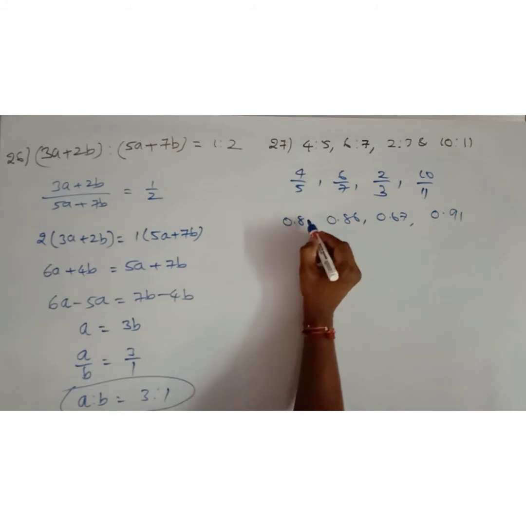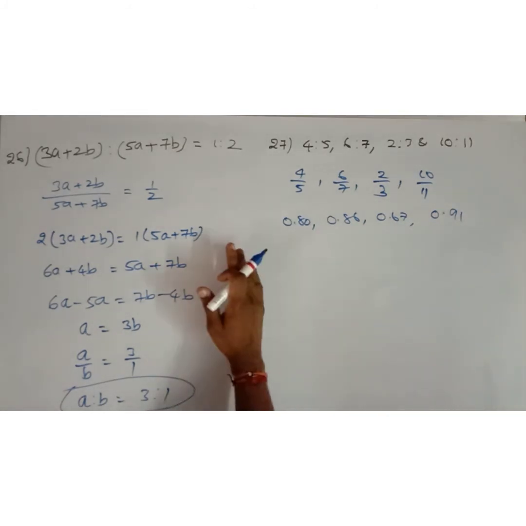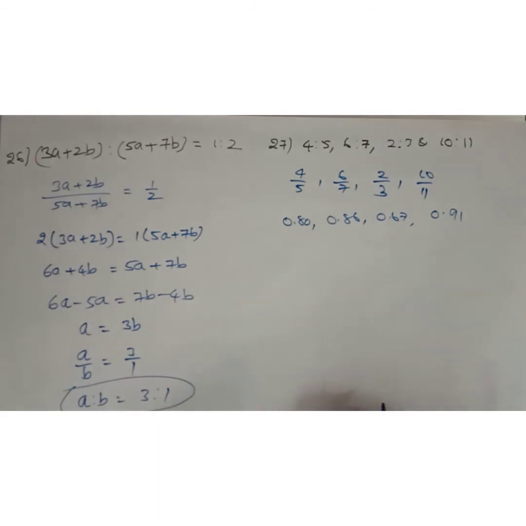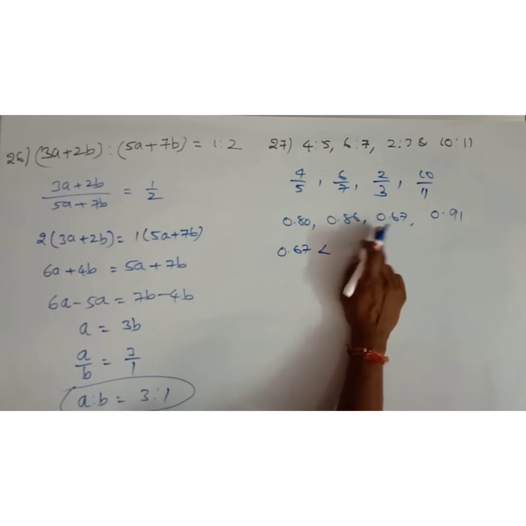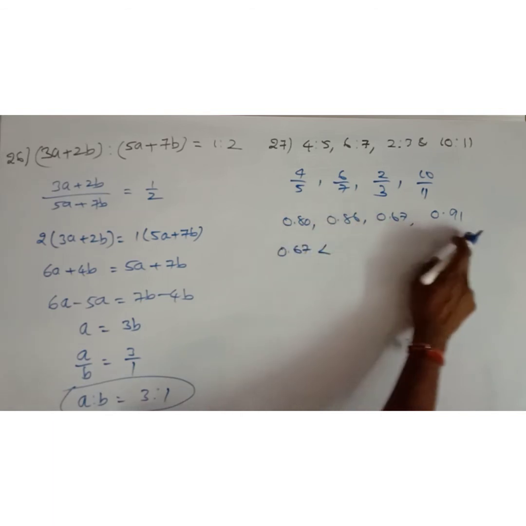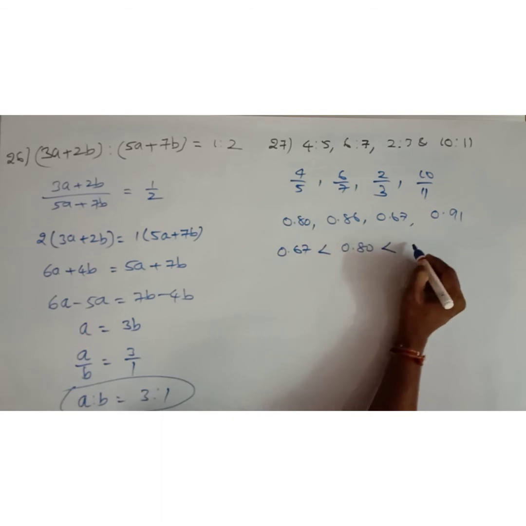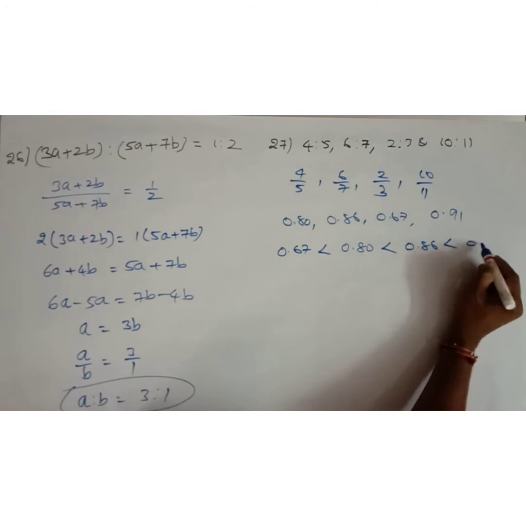See 0.8 is indirectly 0.80. Now see, in all the cases before the decimal point 0 is there. That means all are same. Now compare after the decimal places. That means least to highest. So 0.67 is less than 0.80, is less than 0.86, is less than 0.91.